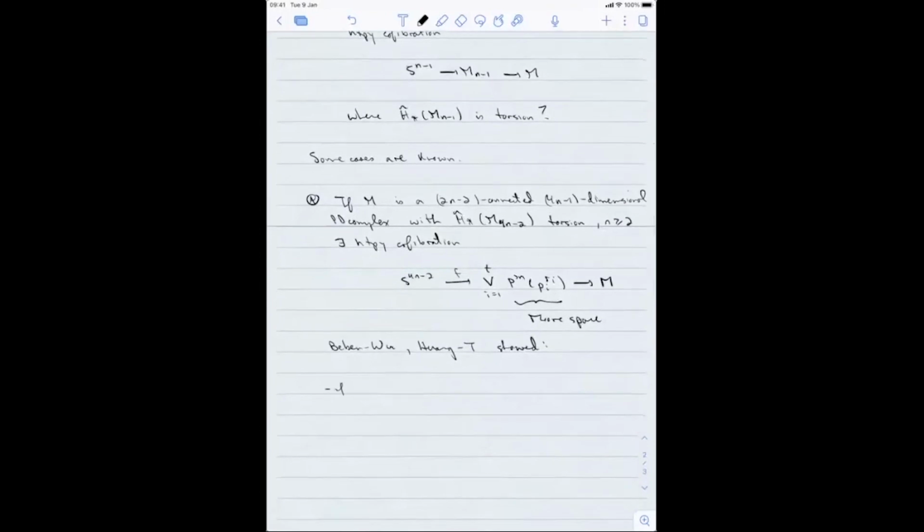So if each p_i is odd, the odd primary homotopy theory of Moore spaces is well understood and well behaved. The two primary homotopy theory of mod 2 to the r Moore spaces is less well behaved.